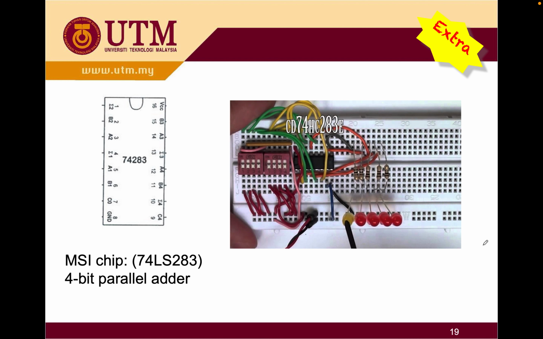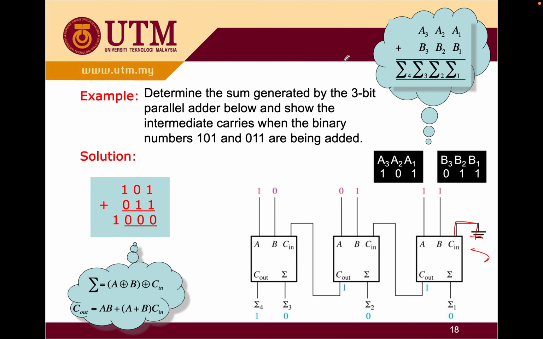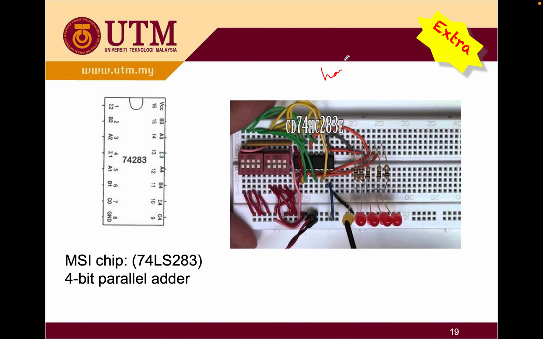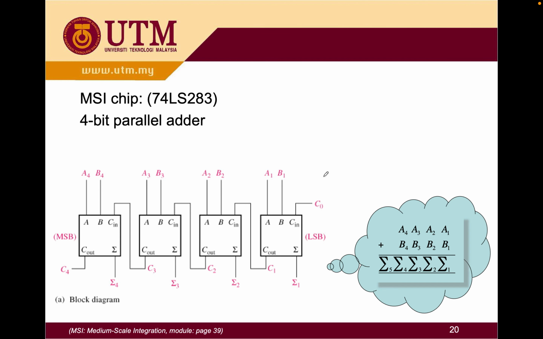The example in the hard way, just now you saw in terms of the block diagram. But in terms of circuit, when you have these MSI chips, you use these chips and combine all the connections like this, then you will get the adder. So this one is a 4-bit parallel adder.